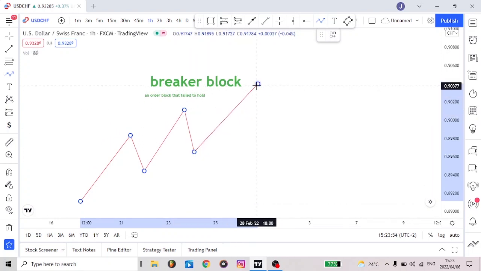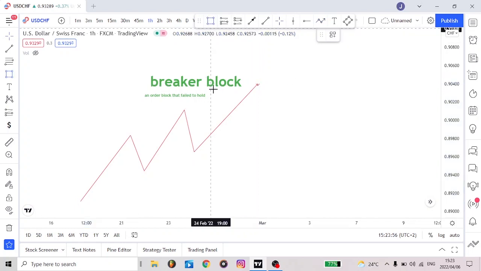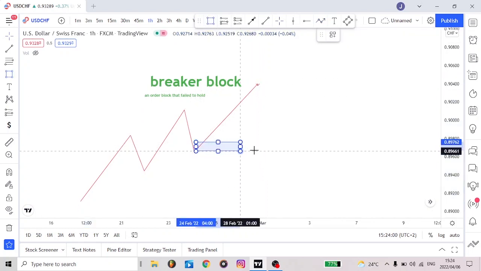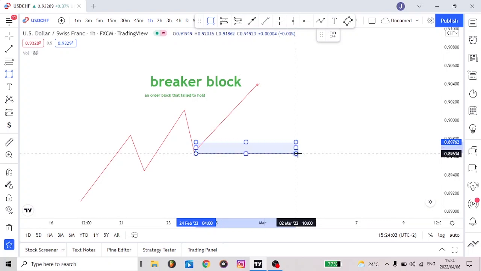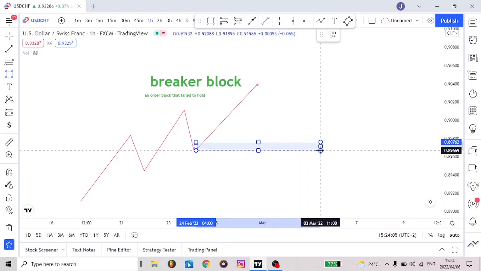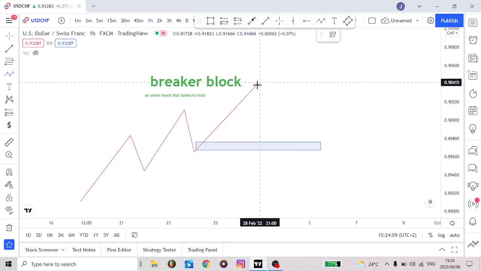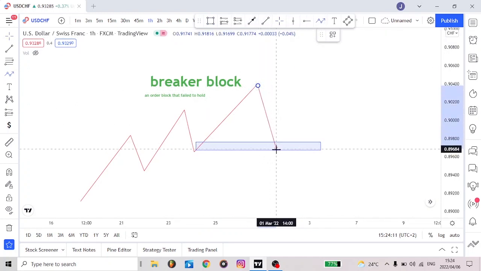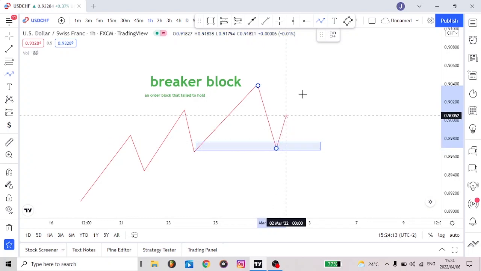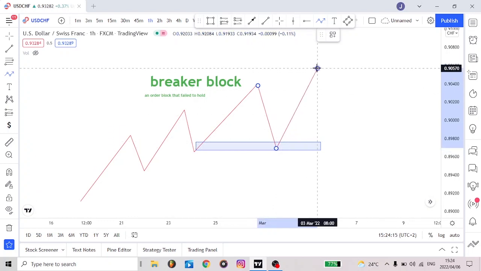Now let's say as it moves, it left an order block here. Since it left an order block here, this is what we expect to have as a bounce. So we expect the market to move from here and then bounce here and then continue going up. That is what we expect.